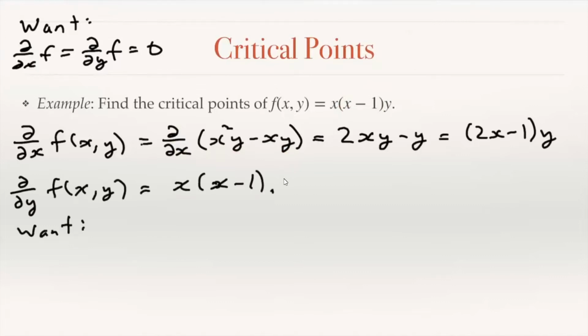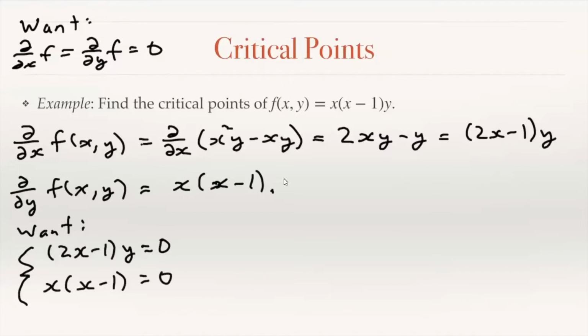And what we wanted was for both partial derivatives to be 0. And what we wind up with is a system of equations. So we want to find all (x, y) that satisfy both of these simultaneously. Now, the reason that we factored up here was to make solving this easier, because if the product of two things is 0, then one of them has to be 0.